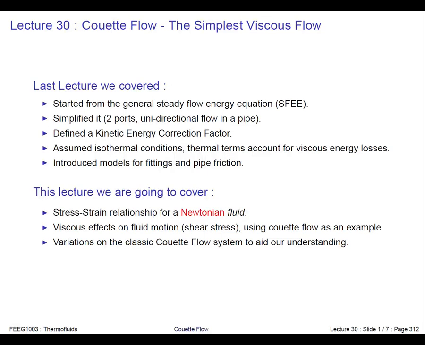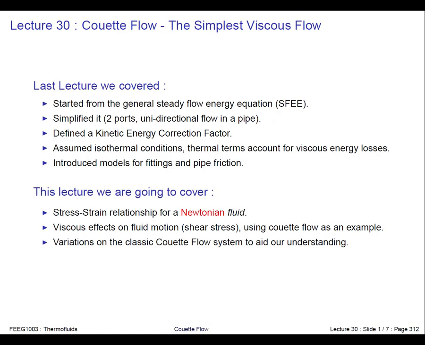So to introduce viscous flow, we're going to look at the simplest flow system, which is called Couette Flow, and this is a flow system that is completely dominated by viscous stress. It's the only force in the flow.